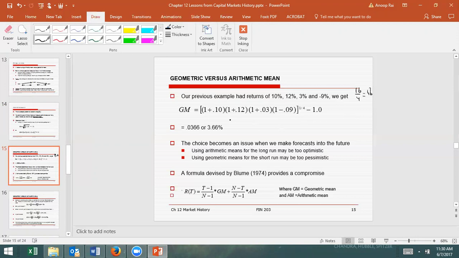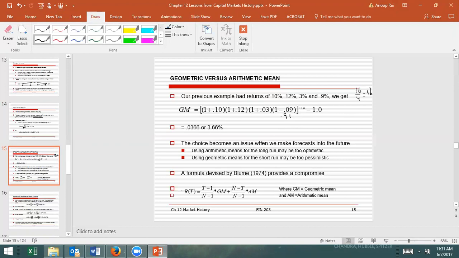So let me do that because I think some of you are still learning to calculate. So I'm going to do 1.10 times 1.12 times 1.03 times 0.91. Remember, this will be 0.91.